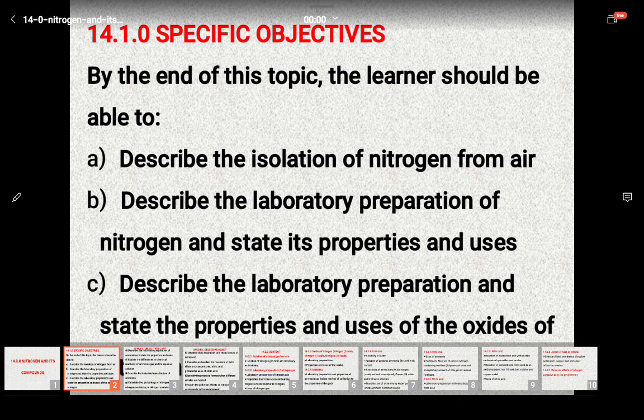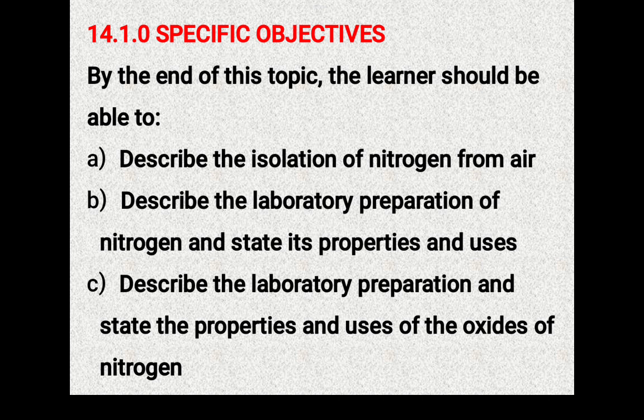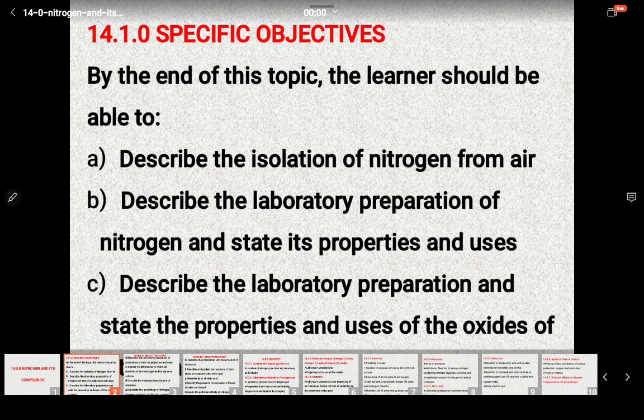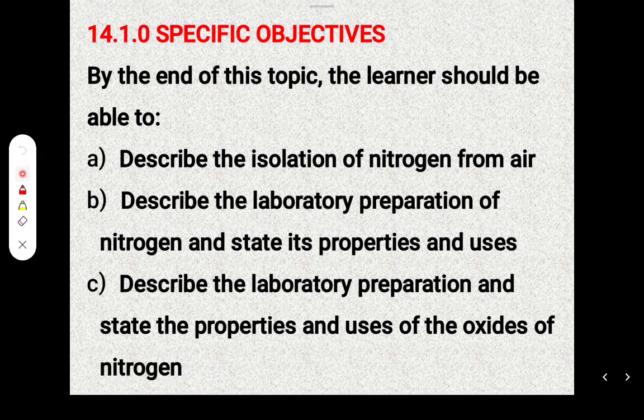So as usual, let us look at some of the objectives that we are required to achieve in this topic. By the end of this topic, you should be able to describe the isolation of nitrogen from air.